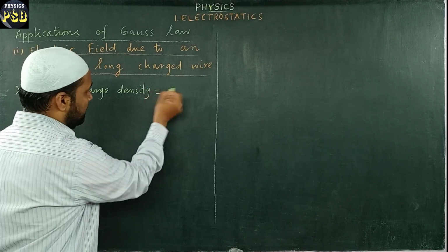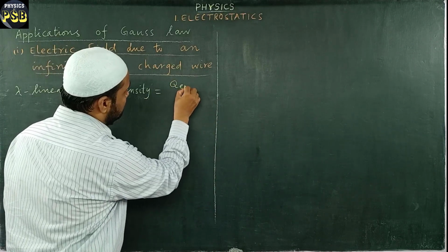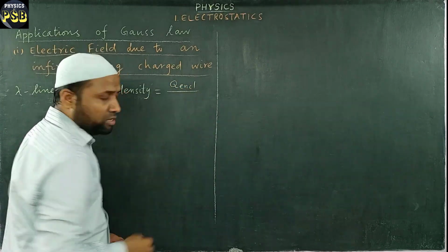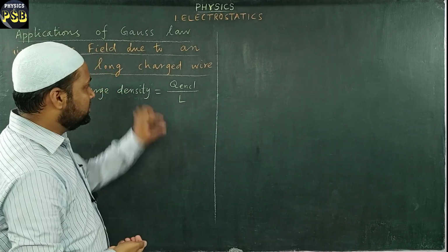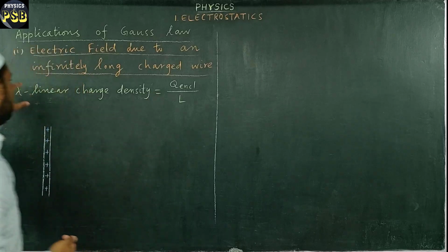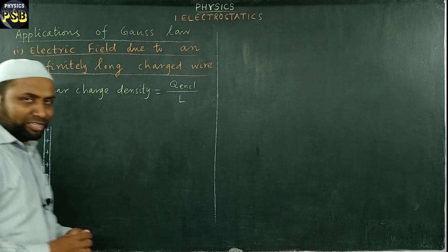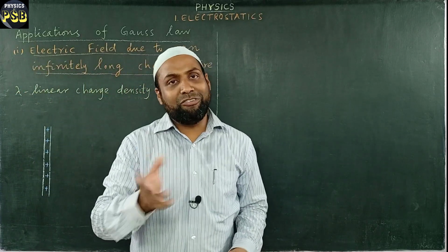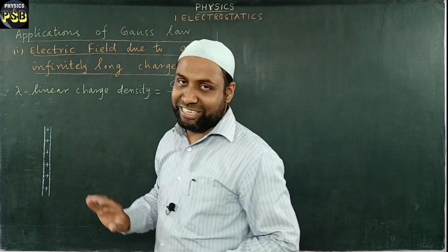It is nothing but the charge enclosed for a given length. In simple words, charge per unit length is nothing but linear charge density. How many charges are present in a given length of the conductor is referred to as linear charge density.